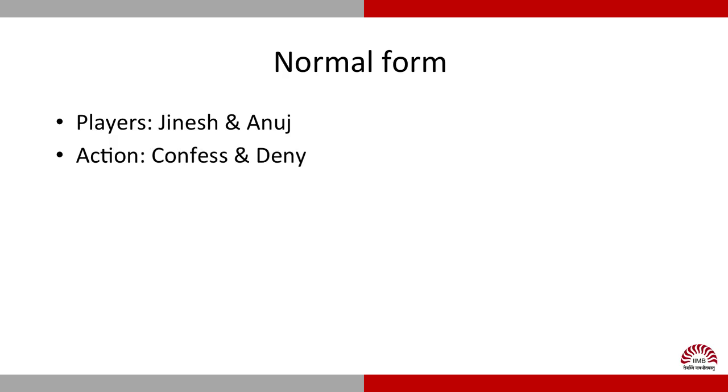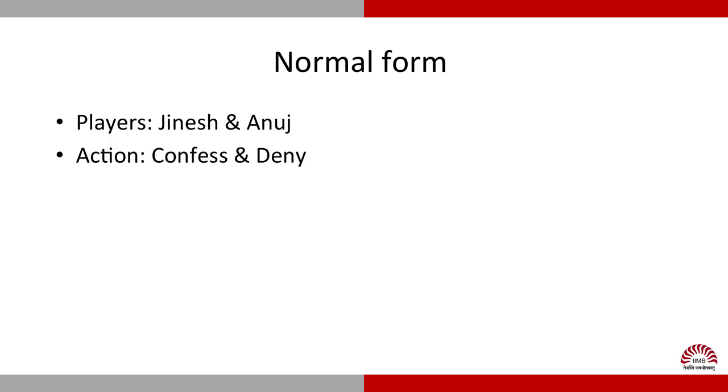So, let me, without trying to solve this particular game, tell you a little bit about how the game has been written and how we can talk about the normal form in this particular context. The normal form tells you, first of all, who the players in the game are, Jinesh and Anuj. What actions do they have? Well, confess and deny.